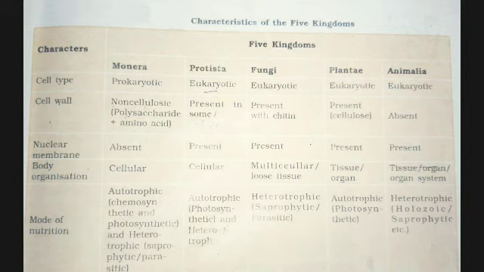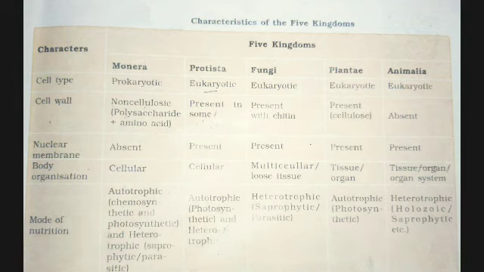So body type is multicellular, and mode of nutrition in kingdom fungi is heterotrophic. In the heterotrophic category, they generally carry out saprophytic and parasitic modes of nutrition. Now what is saprophytic mode of nutrition? Saprophytic mode of nutrition is when the organism depends upon dead and decaying matter for its nutrition, right? And parasites are living organisms which depend on their host for their survival and food.